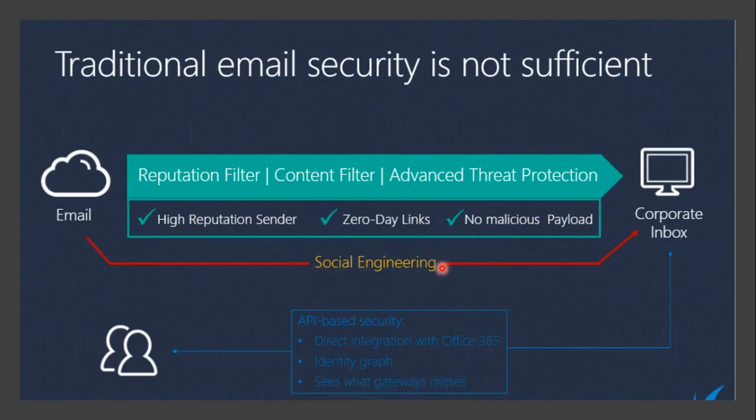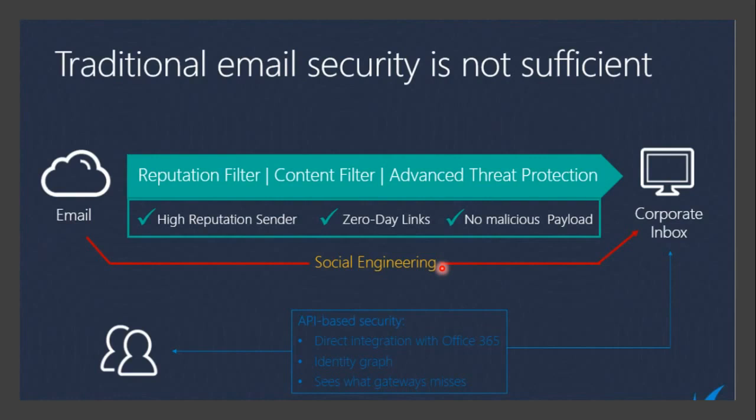For that, you need a technique which is directly integrated into Office 365. So we have the product called Barracuda Sentinel, which has AI based and ML based techniques, artificial intelligence and machine learning, because we have directly integrated with Office 365 inboxes.